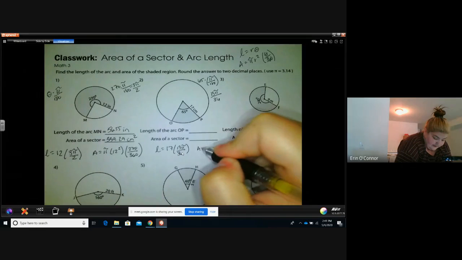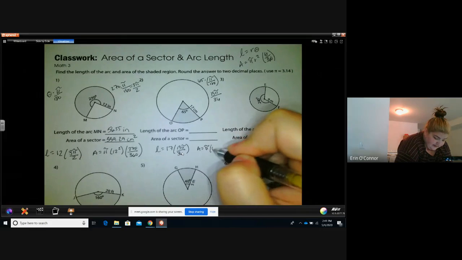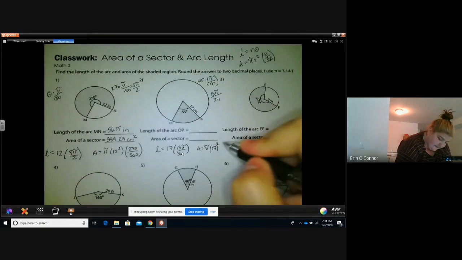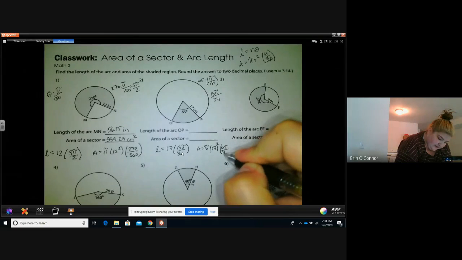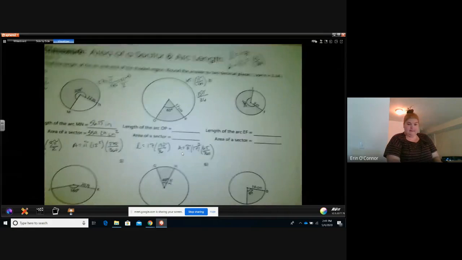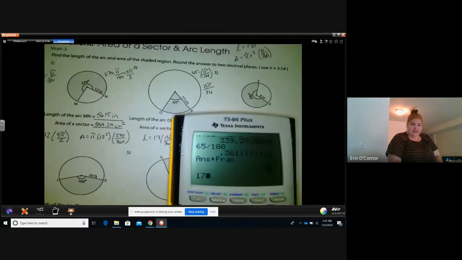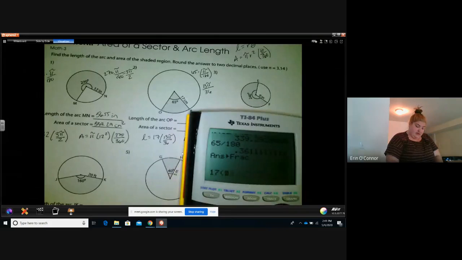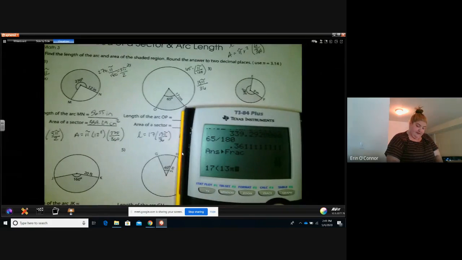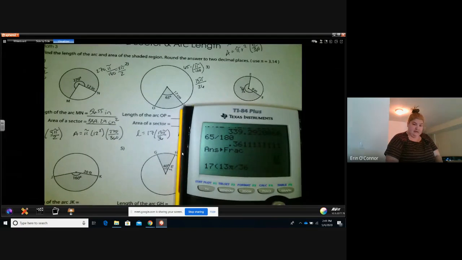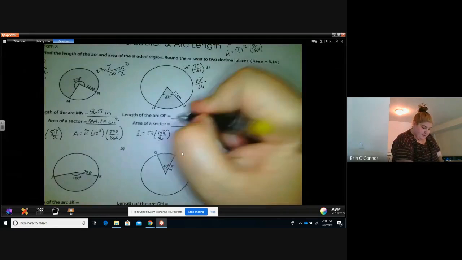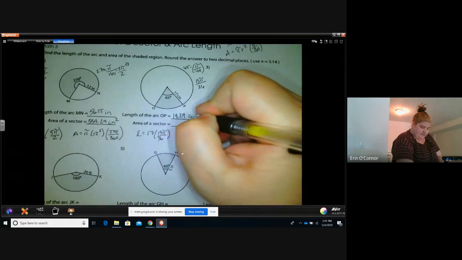And the area is going to be equal to pi 17 squared times 65 over 360. Let's put these into the calculator. I should show you guys the calculator. 13 pi divided by 36, and we get 19.29. So this time we're talking about centimeters.